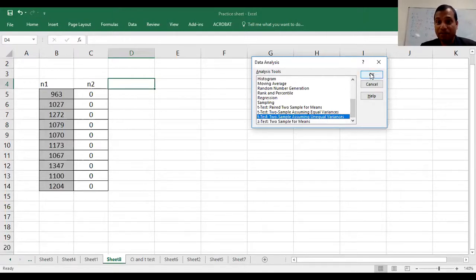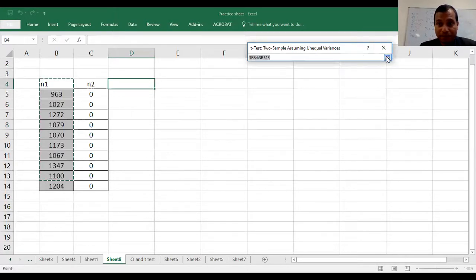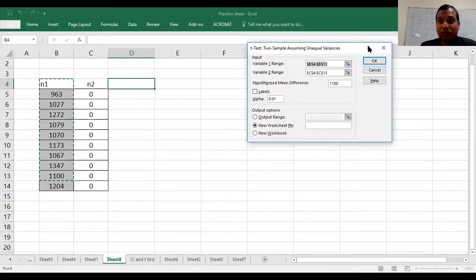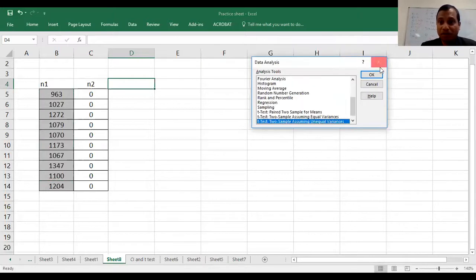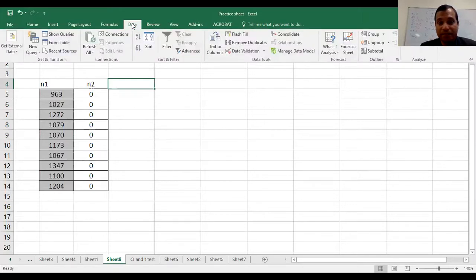Click that option. Where do we find the data analysis option? Go back here on the top. Over here on the top you have Data, and at the right extreme you have Data Analysis. Did you get that?